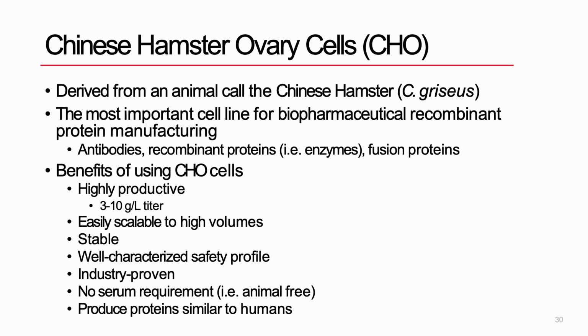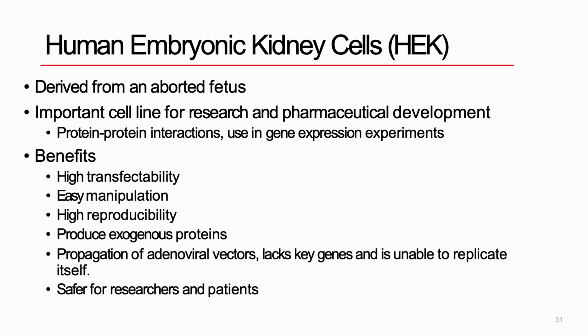Of course, if the final products are not to be used in humans, we can always make different modifications in the lab. Now let's talk about the human embryonic kidney cells. These are derived from an aborted fetus, an important cell line for research and pharmaceutical development, because it is used for protein-protein interactions.